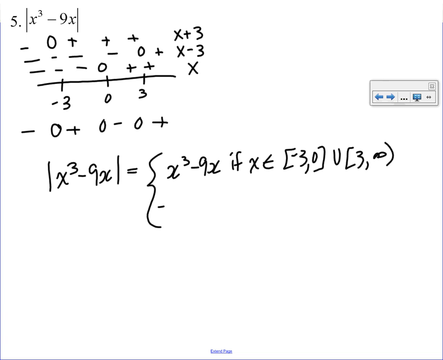It is equal to the negative version of itself, so switch the signs of everything, if it's not in those intervals. And again, we'll notice that the negative are open intervals. Whoops, that should be negative infinity. Because it can't be 0. Basically, the 0 goes with the positives.